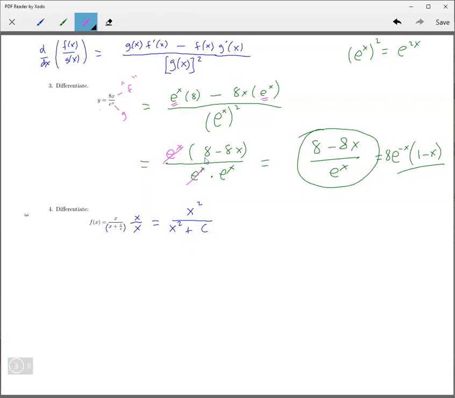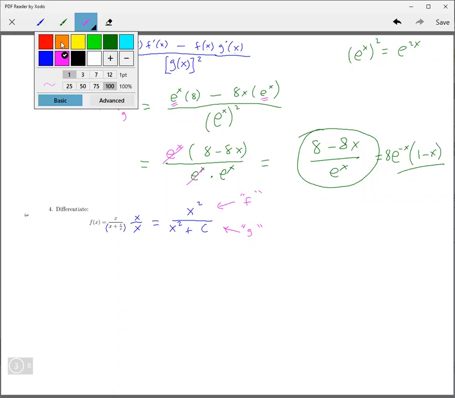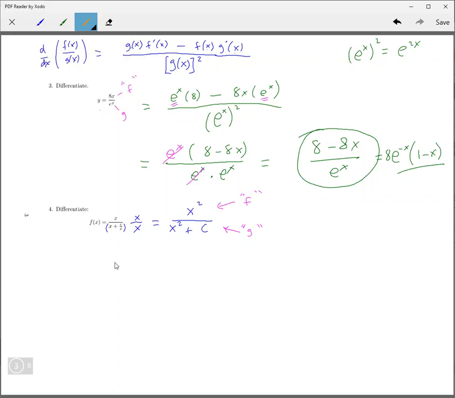And so now, let's go ahead and differentiate that. That's our f. And that's our g from the quotient formula, the quotient rule. Okay, so the derivative.